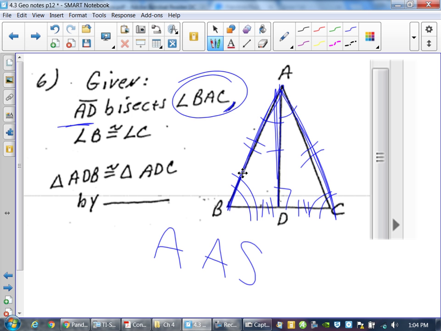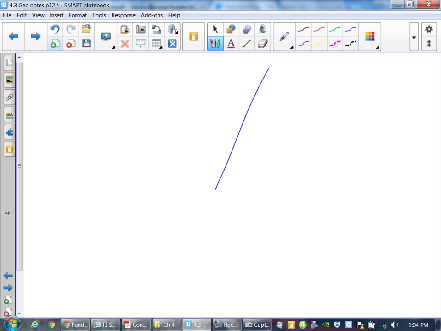But later on, we can have an angle bisector that does not bisect the bottom. Depends upon how the triangle is drawn. Okay? And we do that in 5. I forgot what that was called, but it's something.